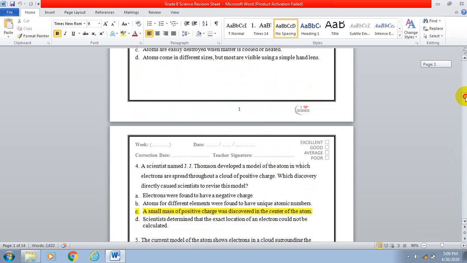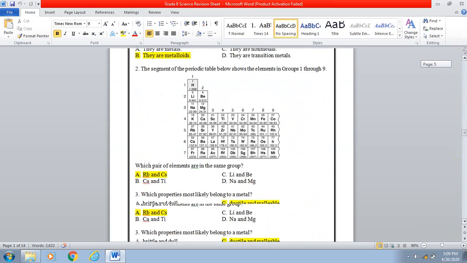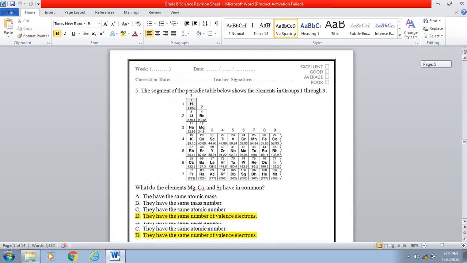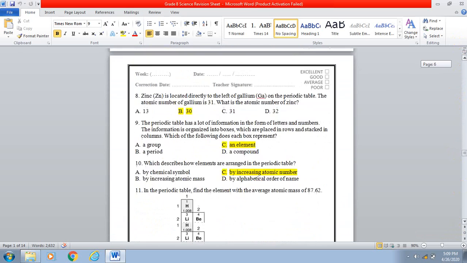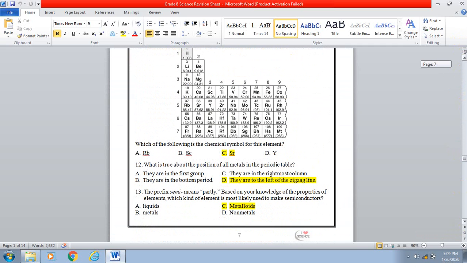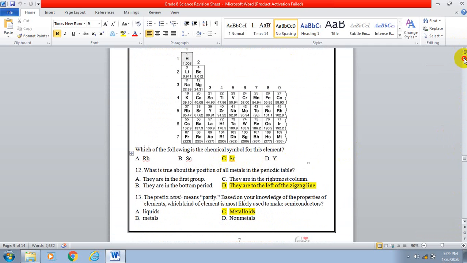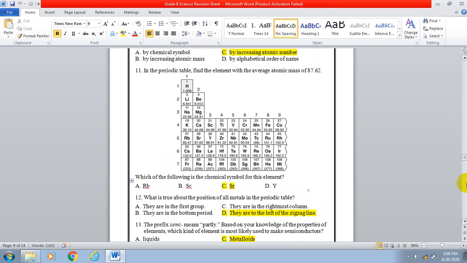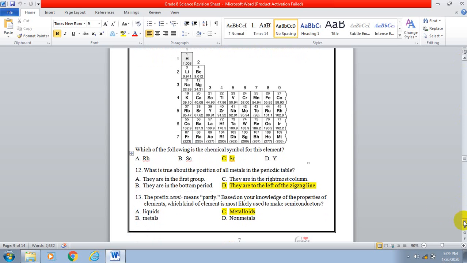Take care. So this is Sr, the chemical symbol of Sr. This was the question. Look at this one, this is Sr.